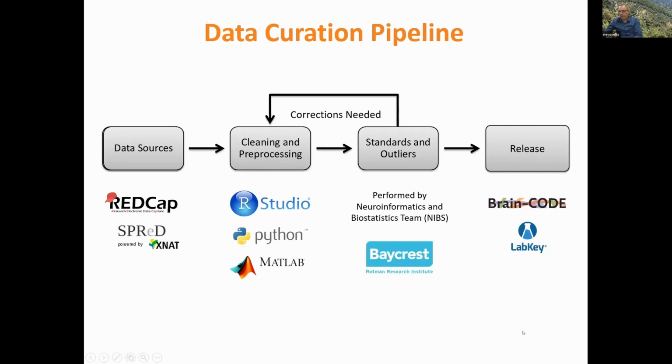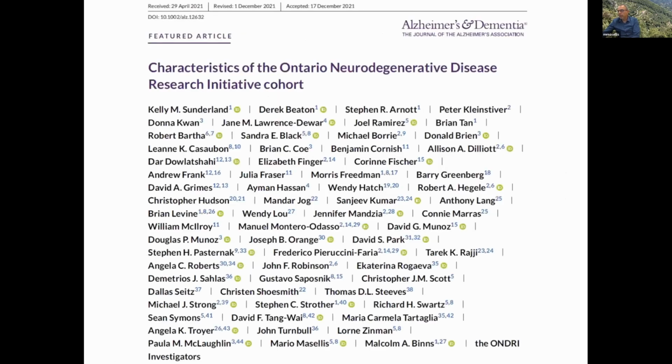We developed a very comprehensive data curation pipeline with standards and outlier detection, and then correction for any data that seemed a bit off. The data were released on Brain-CODE initially to ONDRI researchers, but now at least the baseline data is available to researchers around the world through a data access platform.